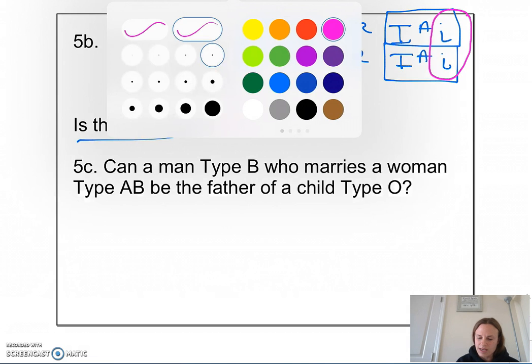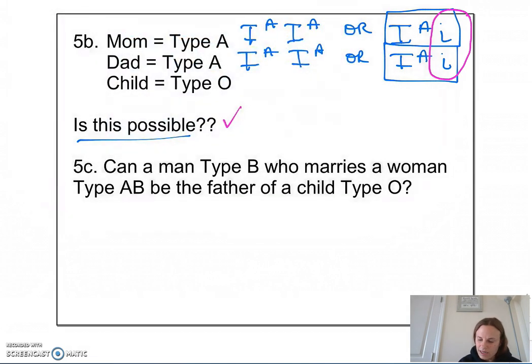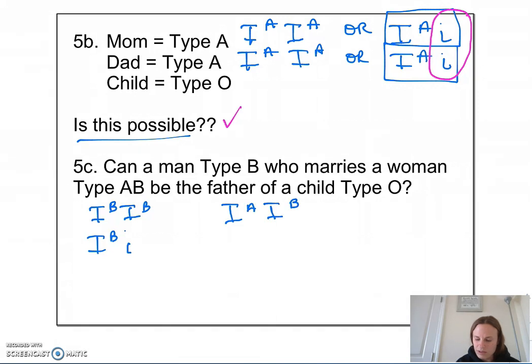Now let's look at the second situation. Can a man with type B blood, who could be homozygous for that or heterozygous, with a woman that has type AB, so this is the only possibility that the woman could be, have a child with type O?